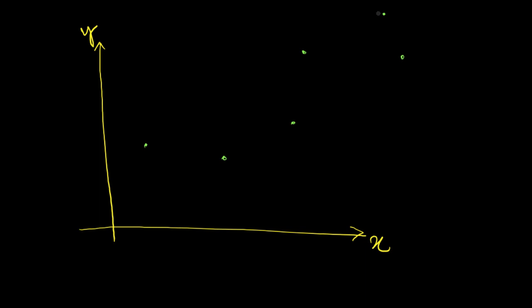Now there are various ways in which you can fit a polynomial curve to this data set. The simplest case, of course, is that of a straight line. So if you take a straight line and try to fit it to this data, let's say you get a line like this.